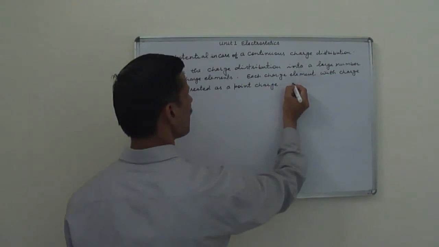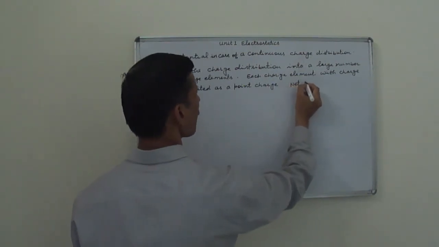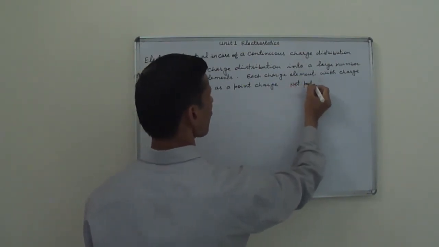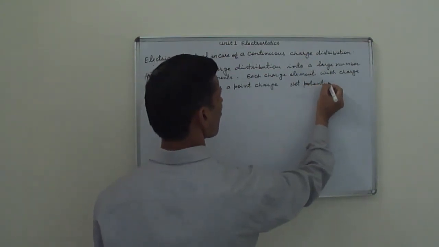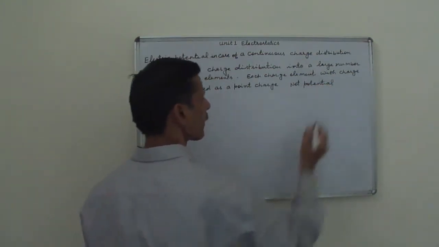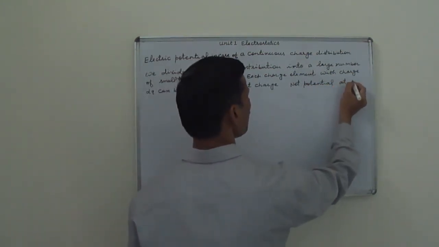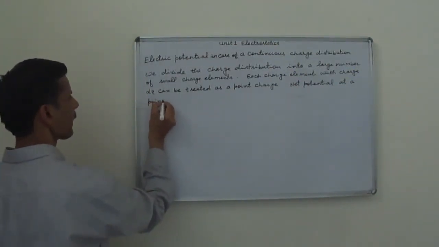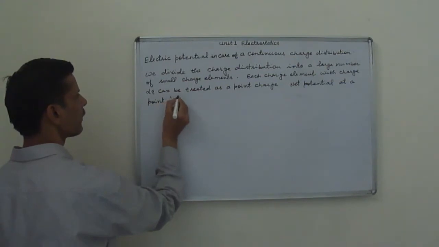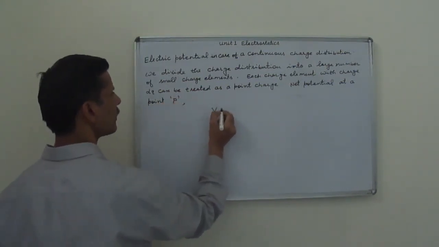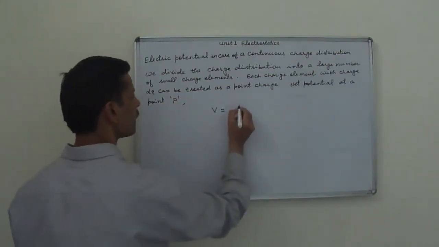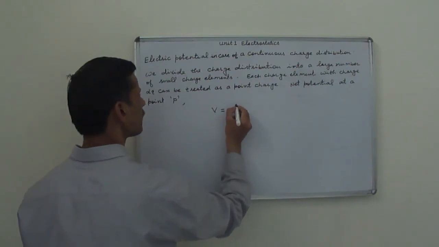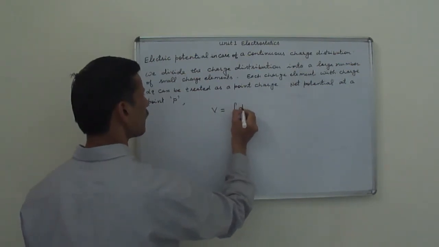So net potential at a point P, V is equal to integration dV.